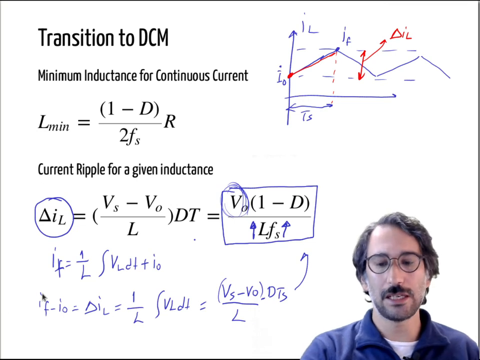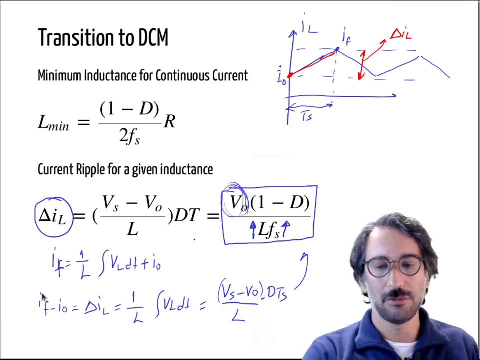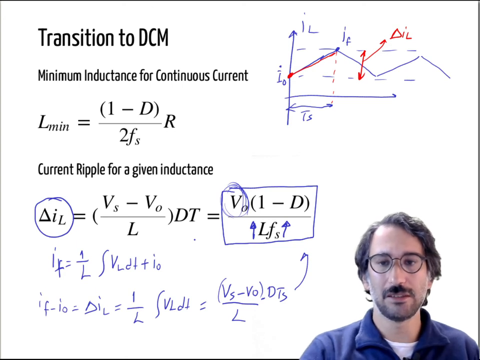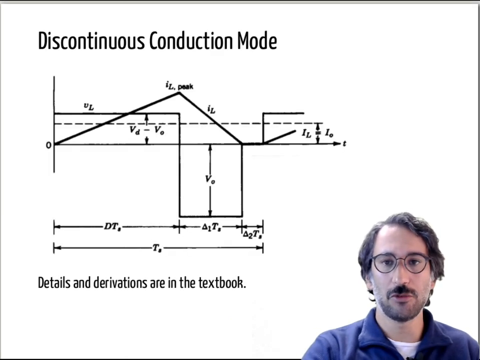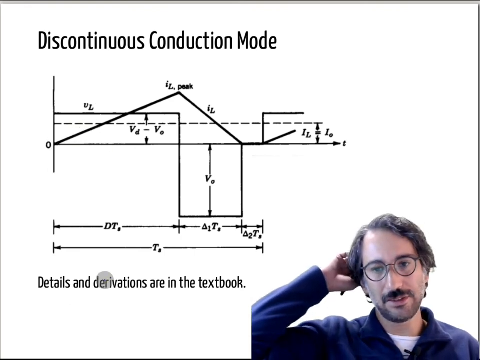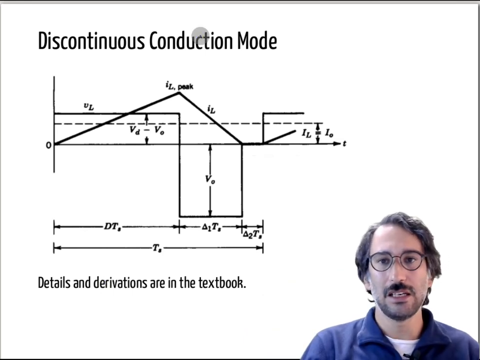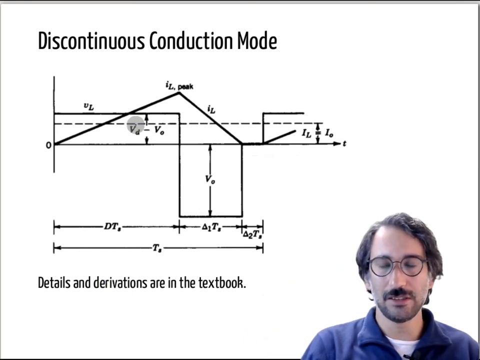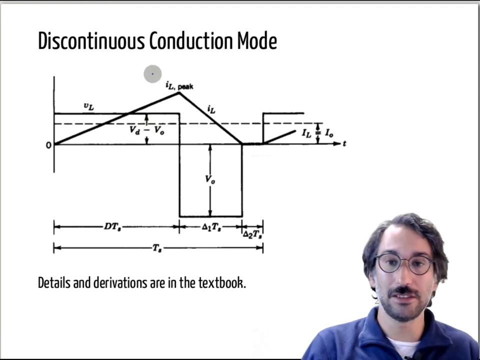So let's have a look at what will happen if we move to the DCM mode. Now we are not in the boundary condition, but we moved further into discontinuous conduction mode. Again, there are some details and derivations in the textbook, so you can have a look at the equations there.